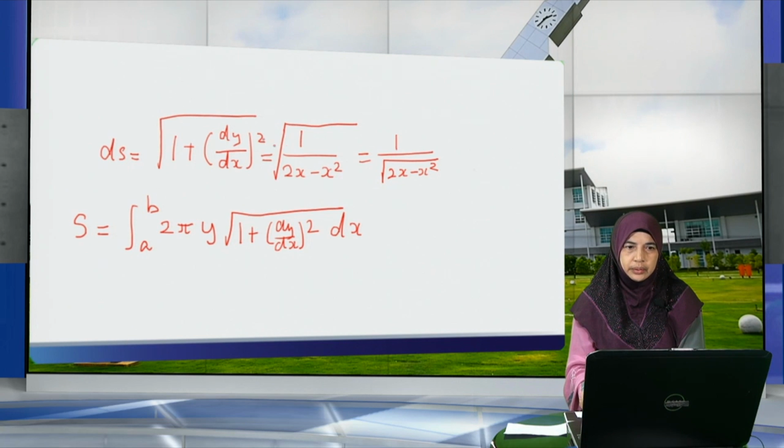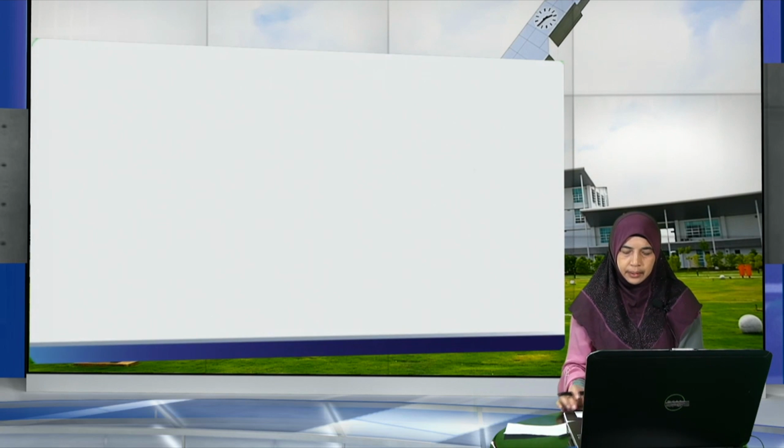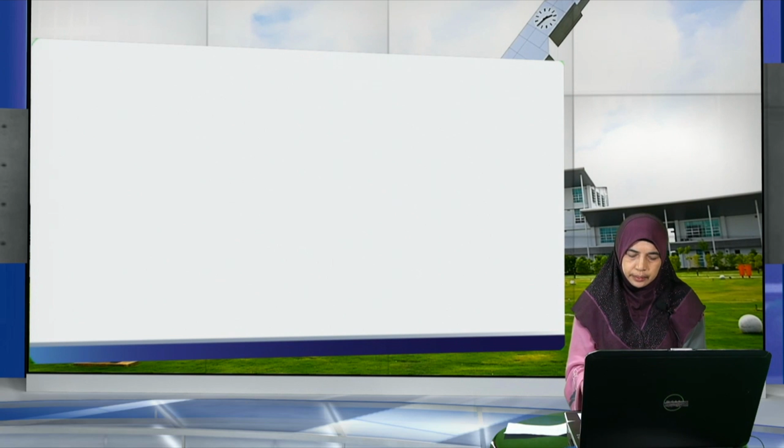So we just substitute this function here, in here, and try to evaluate this. Remember, a is 1 over 4 and b is 3 over 4. Okay, so now we integrate, substitute values.